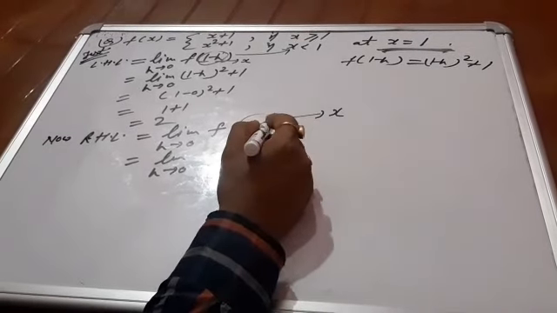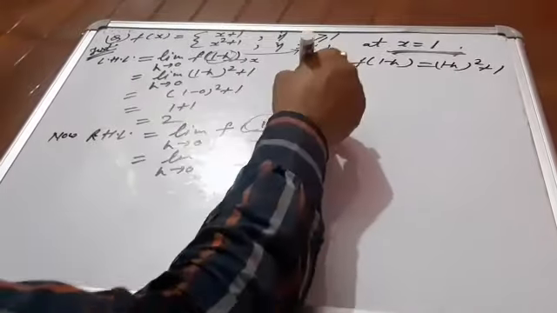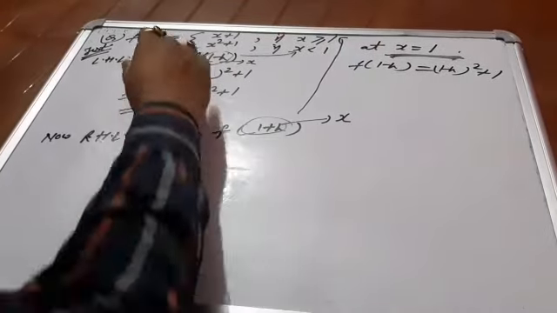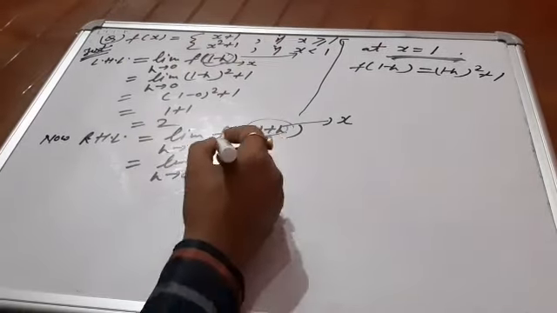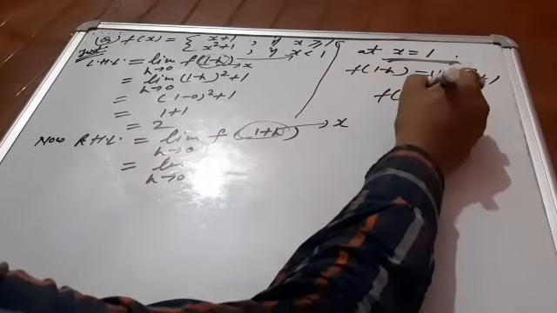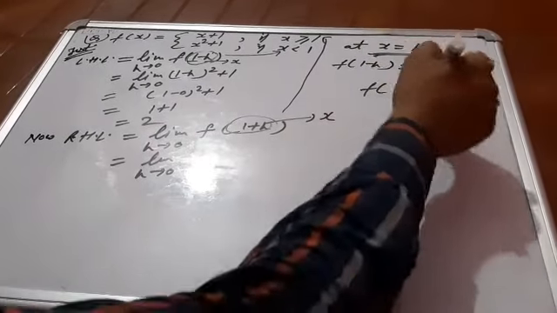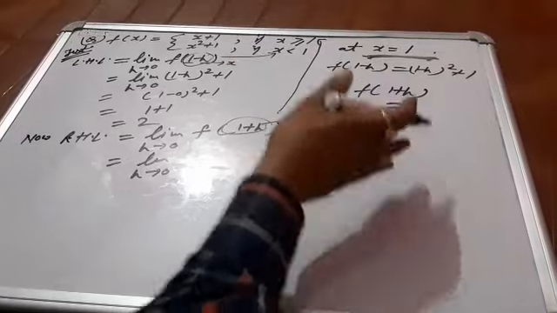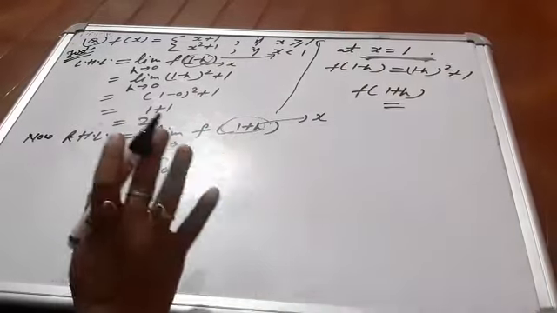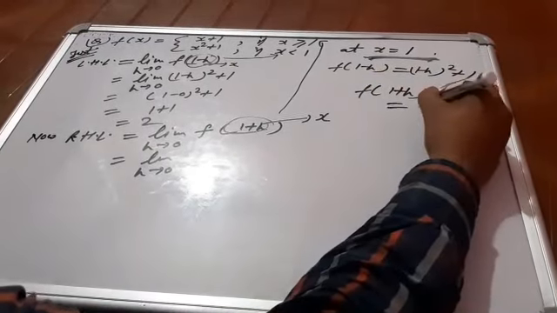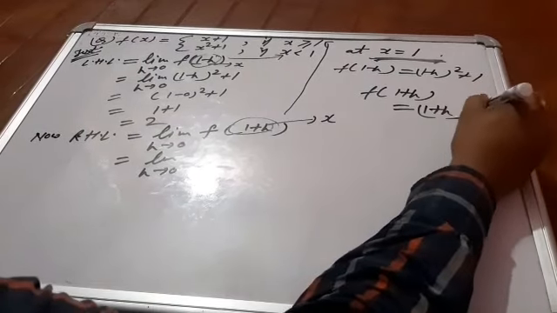So it will come under which condition? Condition number first. In that case, the value of f(x) is x plus 1. So f of 1 plus h, it is not necessary to show, I have shown it for you people only. So f of 1 plus h means 1 plus h plus 1.